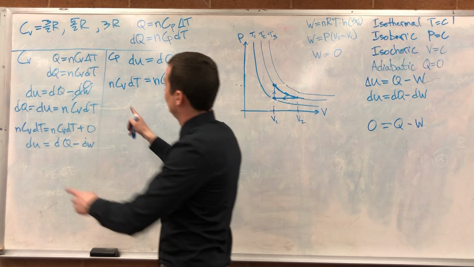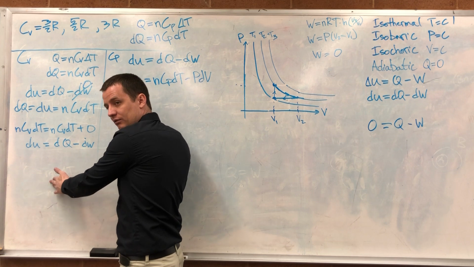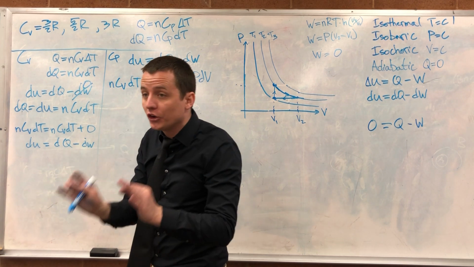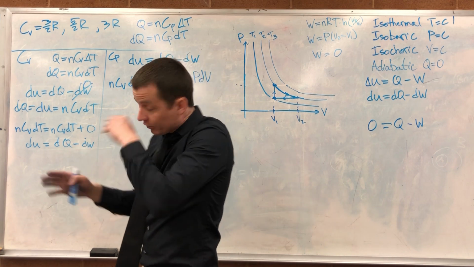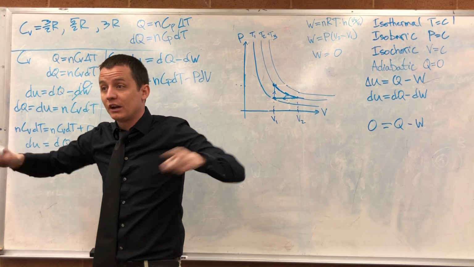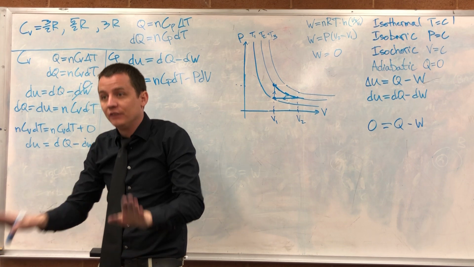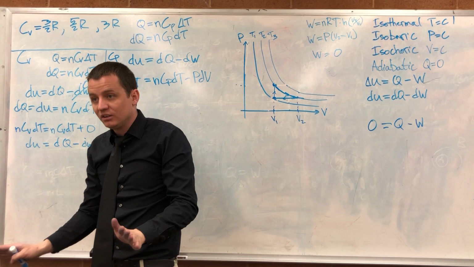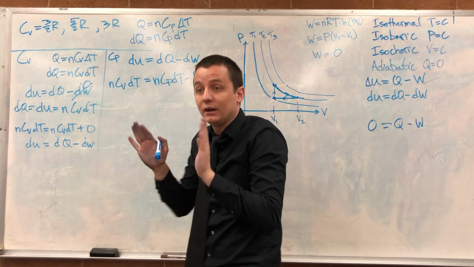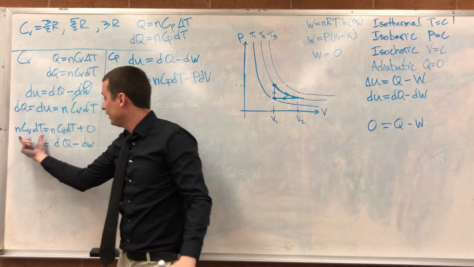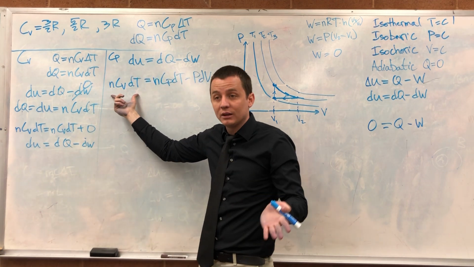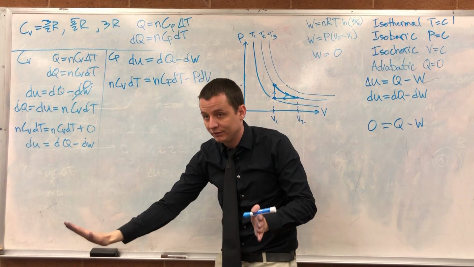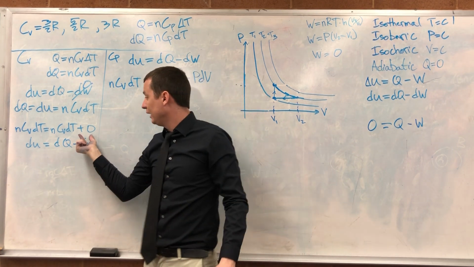In both cases, we increase the temperature by the same amount. So the internal energy, the kinetic energy that our gas molecules are bouncing around with, is the same. If they're the same temperature, their kinetic energies are the same. dU, in this case, is just talking about kinetic energy. So whatever the kinetic energy is over here, that gas has to have the same kinetic energy over here. The internal energy of the gas has to be the same. Over here, we had no work.